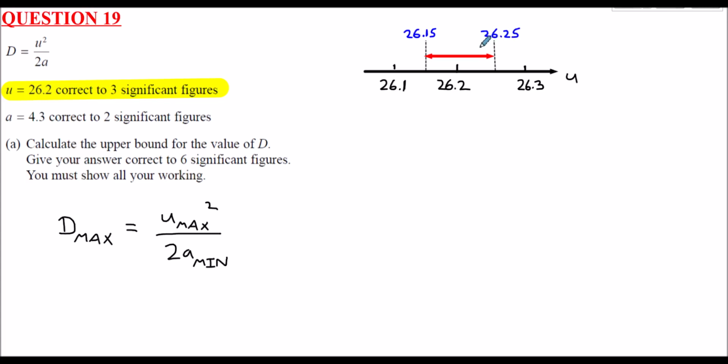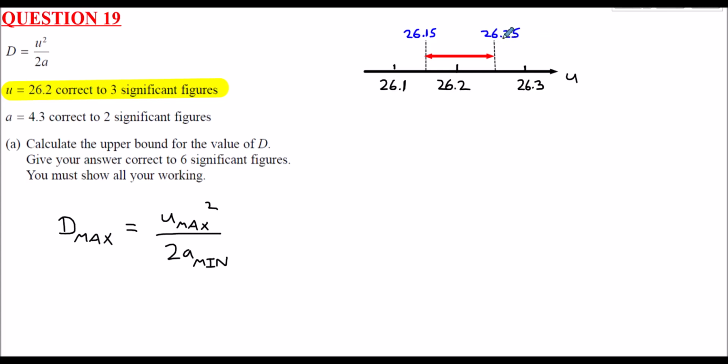Now you might be thinking, but if u was 26.25, it would have rounded to 26.3. Well, yes, you would be correct if you said that. However, we're taking 26.25 as the absolute limit. So it's not what it's allowed to be. It can be anything up to 26.25. So imagine 26.249999 going on forever.